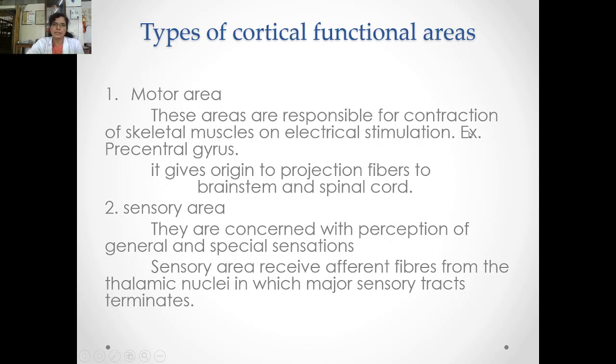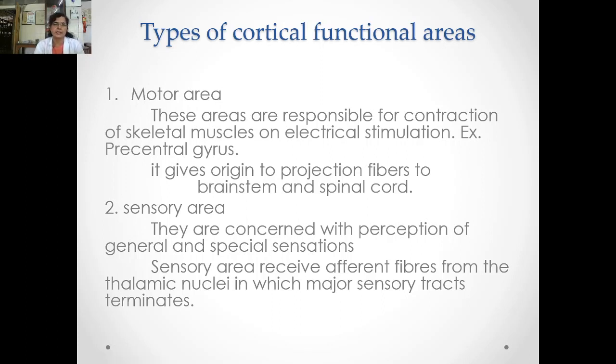An example of this area is the precentral gyrus. This motor area gives origin to projection fibers to the brainstem and spinal cord, that is, the corticospinal fibers and corticonuclear fibers.